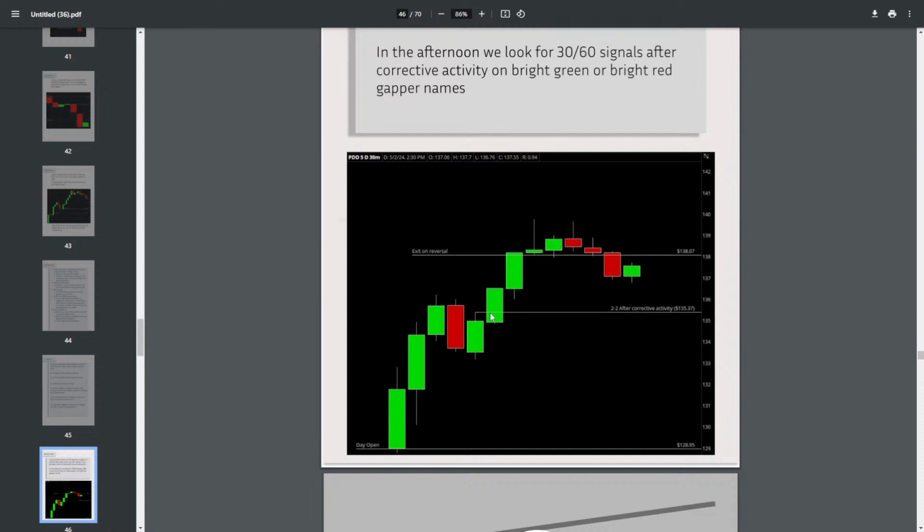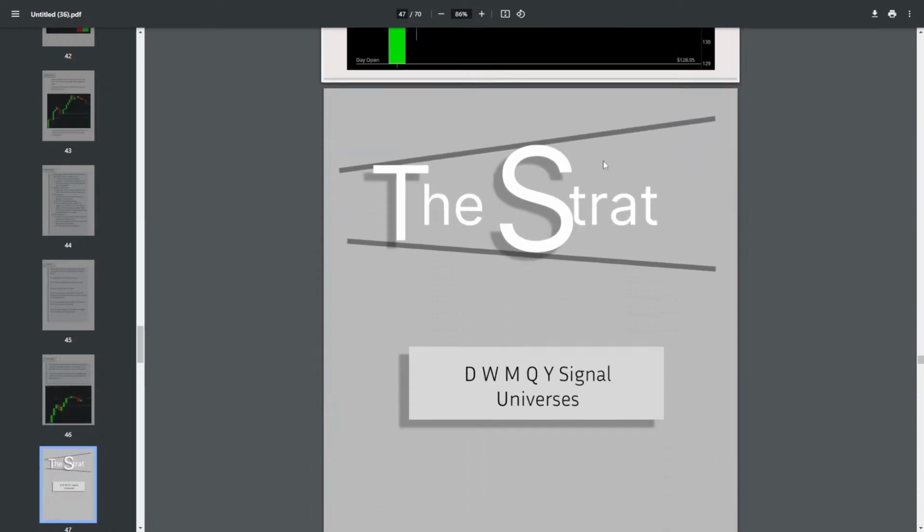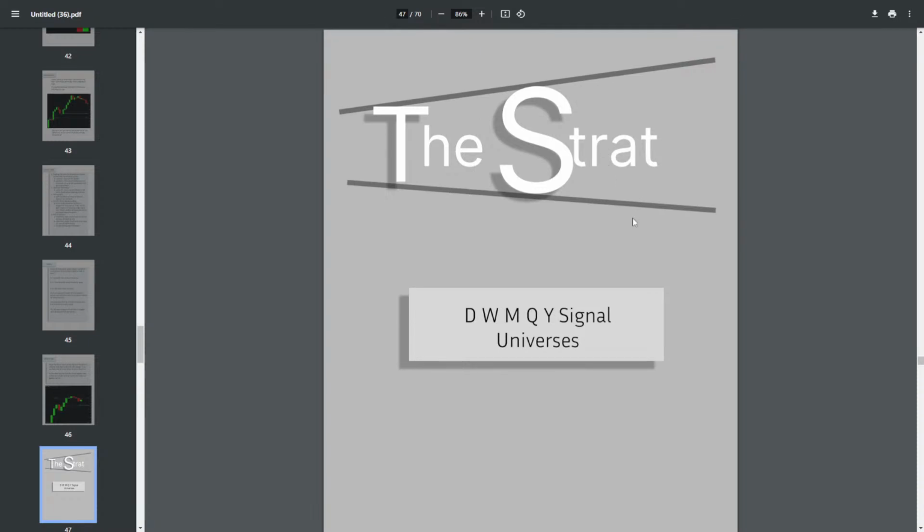So you can see we have a red bar where sellers are selling on the intraday basis. The 60 or the daily continuity does not change. Then we get our actionable signal. So you have the corrective activity plus a reversal back up. Anyone short in this stuff has to cover, and that's what occurs. And then you can see they have the reversal against up in here. So that covers the gapper universe.